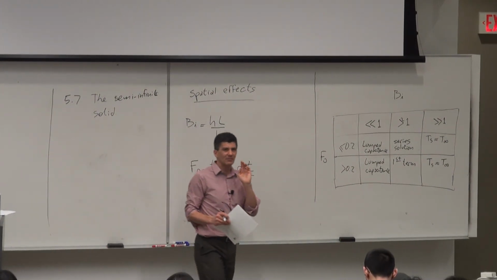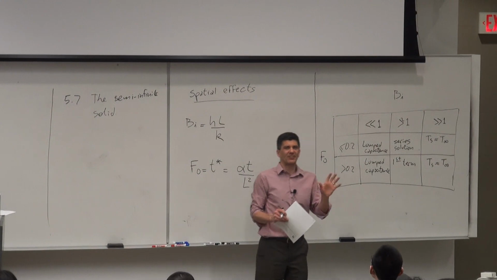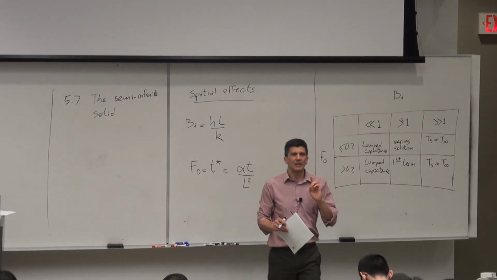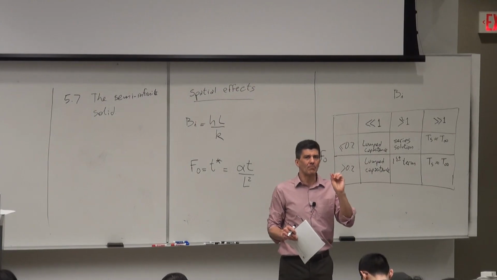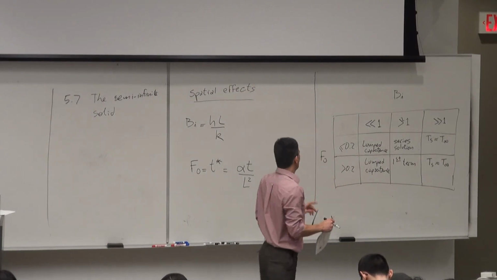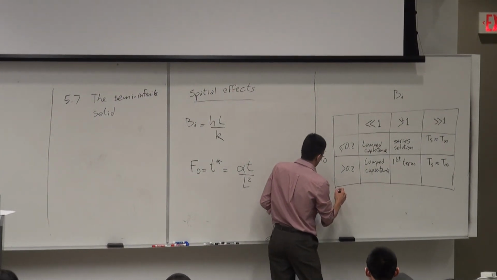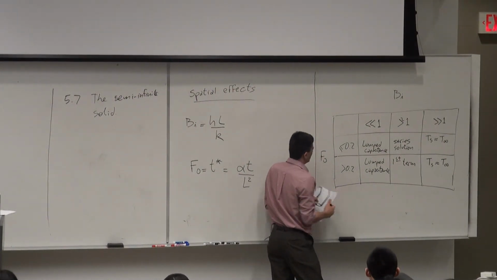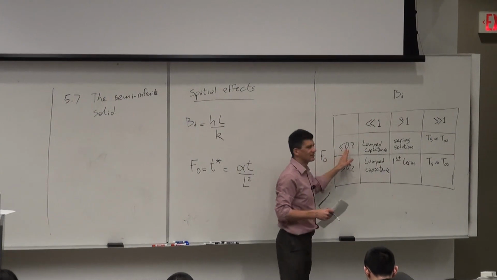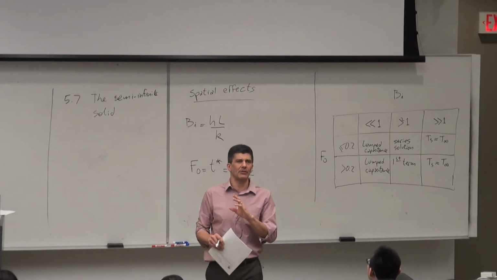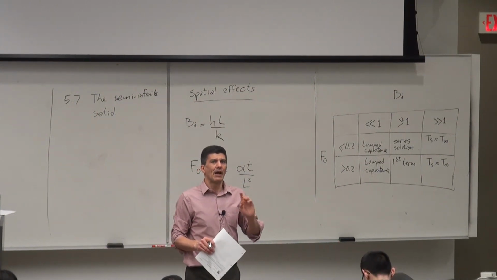But there is a ray of sun in all this, because if the Fourier is very small now, right? If Fourier is much smaller than 1, I'm going to write it down on the board soon, now things change.